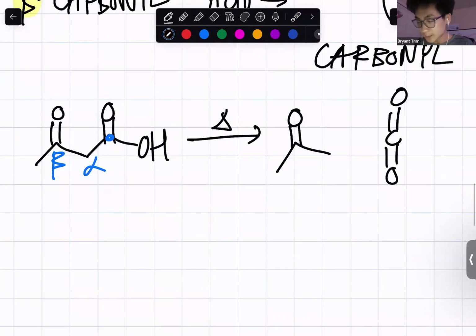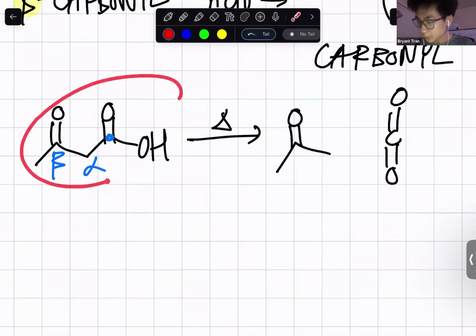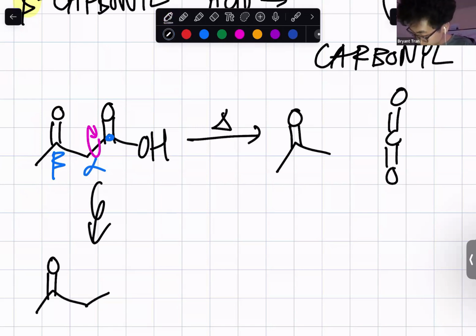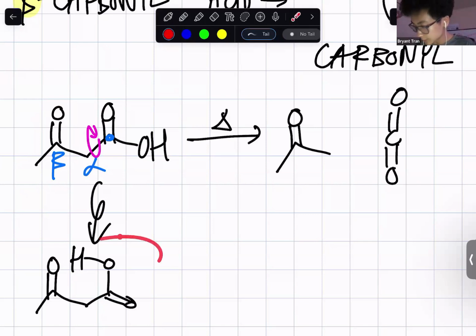Now let's look at the mechanism here. If you're given this neutral carboxylic acid, we're in acidic conditions here. So I'm going to redraw the structure like this. I'm going to rotate this single bond between the carbonyl carbon and the alpha carbon, and that's going to give me this intermediate right here. This structure is the exact same structure as this.